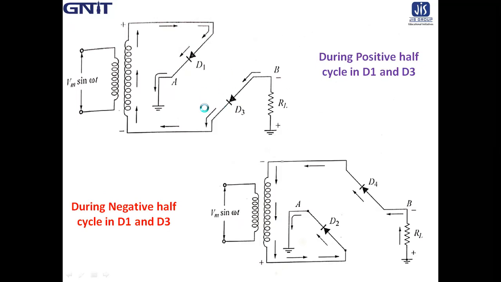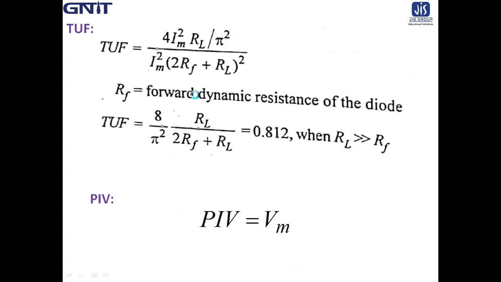Under this condition, diode D1 and D3 are forward bias by shorted points in the figure. On the other hand, diode D2 and D4 are reverse bias and their maximum reverse voltage will be equal to the maximum secondary voltage. Therefore, the peak inverse voltage of a bridge rectifier is Vm.